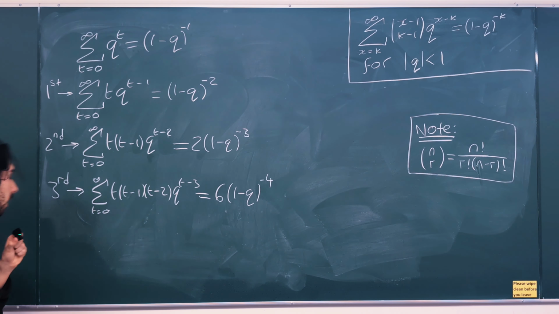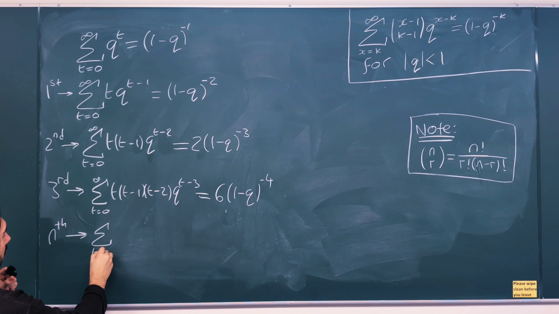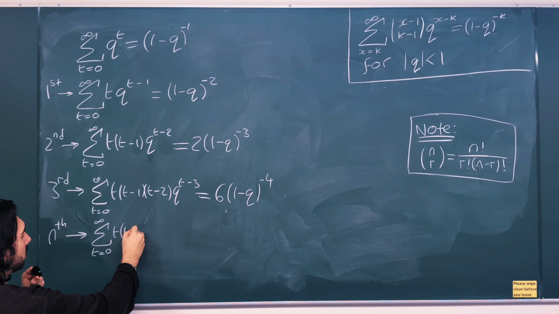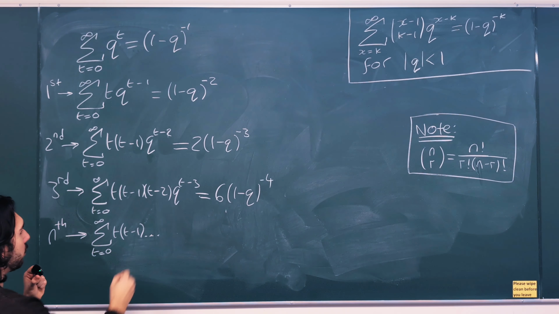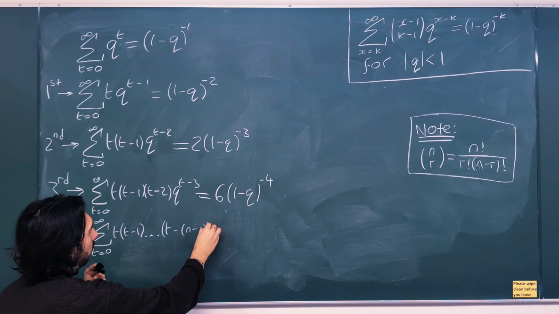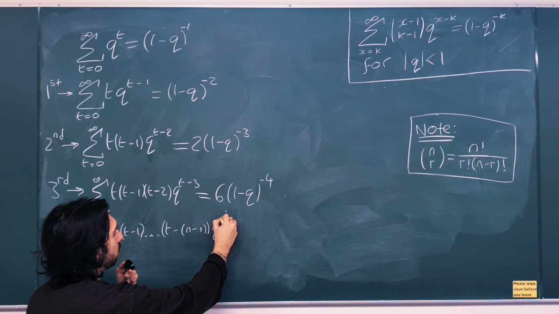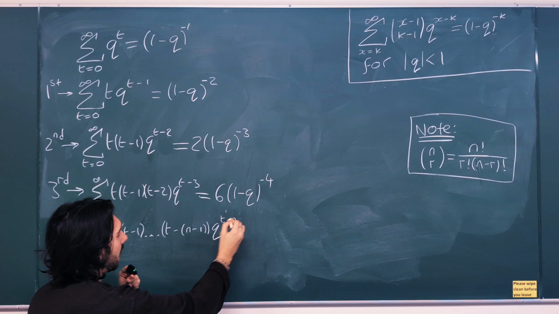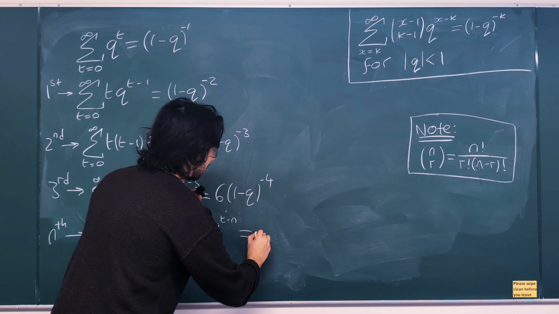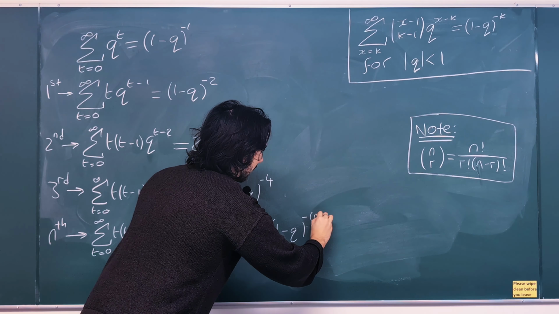So you could prove this by induction if you like, but take my word for it that hopefully we can see that the nth derivative is going to be the sum from t equals 0 to infinity of t times t minus 1 and so on and so forth until we get to t minus n minus 1, multiplied by q to the power of t minus n, equals n factorial times 1 minus q to the minus n plus 1.